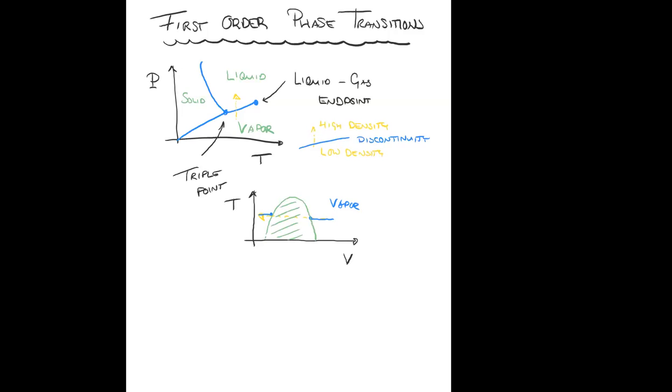And that region is not truly forbidden. Obviously, you can just take a system and dial in a density by just having a certain number of particles, and you change the volume. You can obviously force it to be there. So the question is, what exactly happens in this regime?